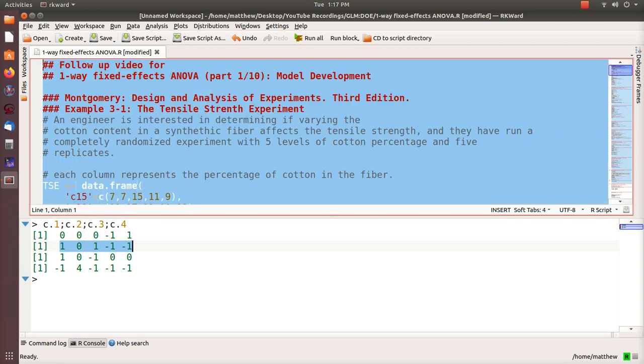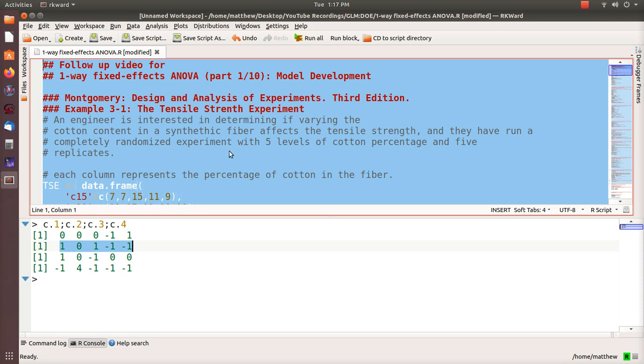So I need to load these, and we're looking at an example from Montgomery. The book title is Design and Analysis of Experiments, the 3rd edition. We're looking at example 3.1, which is a tensile strength experiment. Tensile strength is how much force it takes to tear something apart. Here we're looking at fabric with different percents of cotton in it.